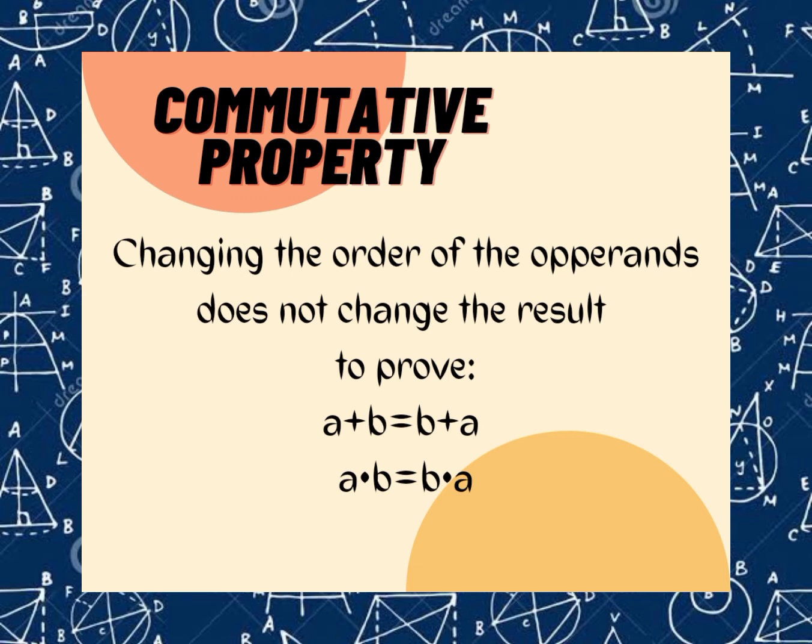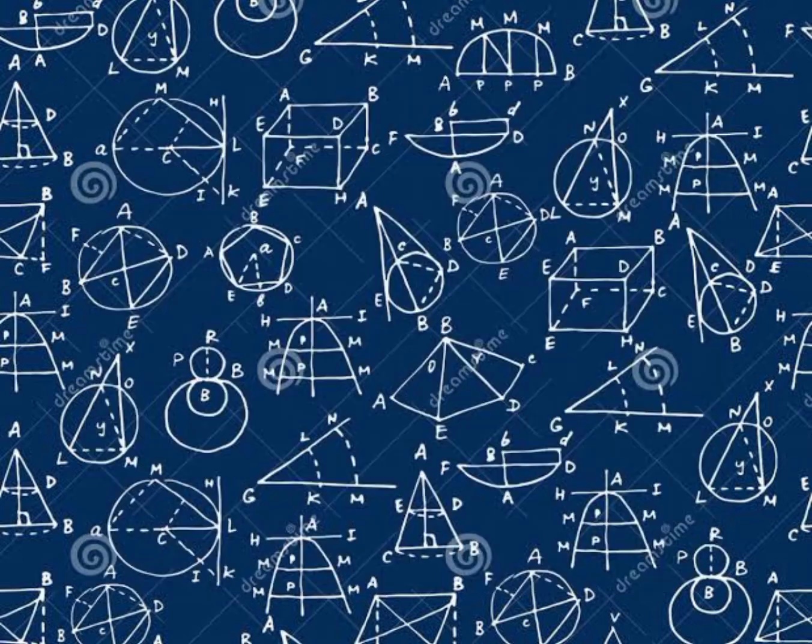Commutative property states that changing the order of the operands does not change the result. For instance, a plus b will always be b plus a, and a times b will always be b times a.